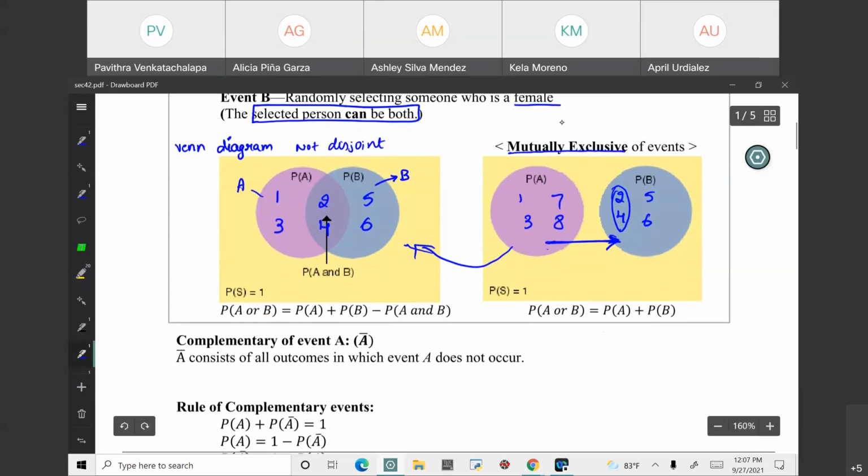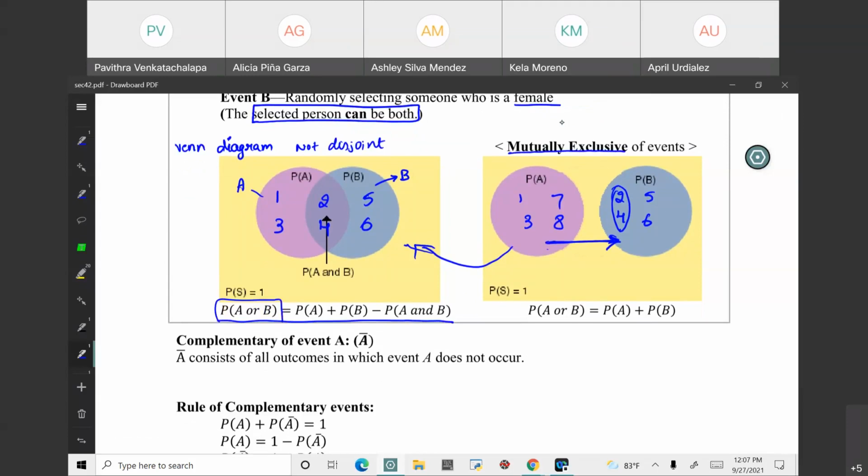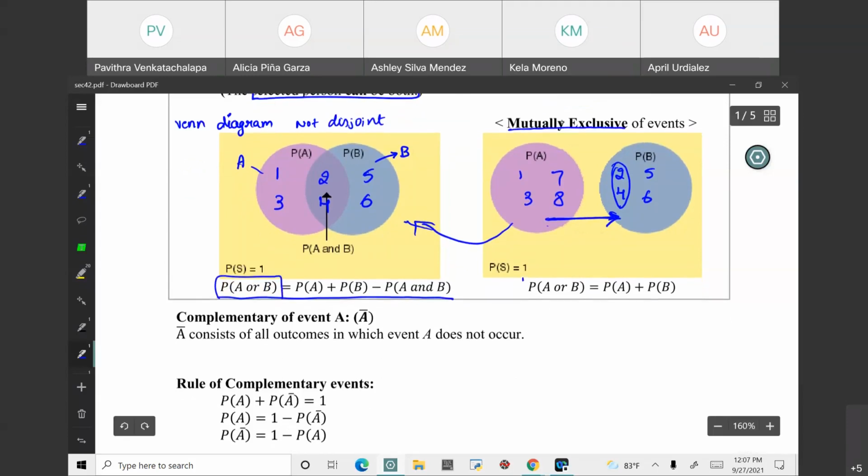Now you can see the formula for those cases. If it is not disjoint, it is P of A or B, that is the addition rule. If it is mutually exclusive, then that is again addition rule, but the difference is you will not have this part.